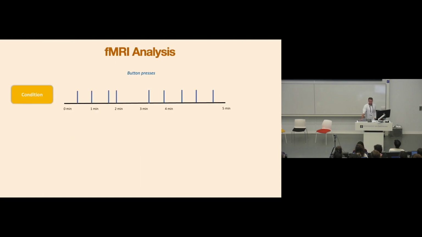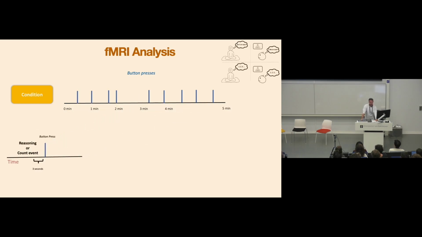Okay, so each of our 4 conditions yielded these endogenous self-paced button presses corresponding to moments of reasoning or counting. And from these events, we constructed general linear models. So we convolved the 3-second period prior to the button press with a canonical HRF function and fit this predictor matrix to BOLD signal.